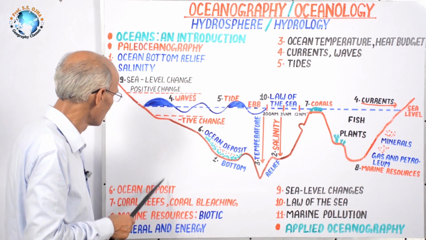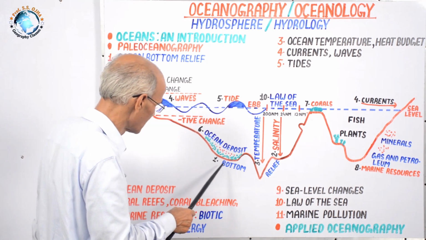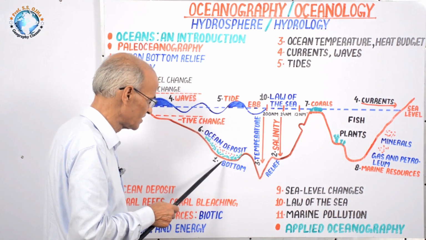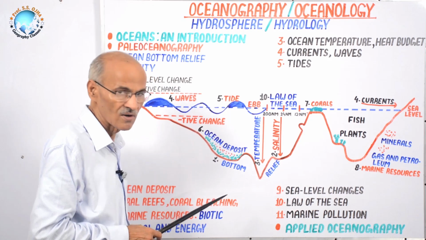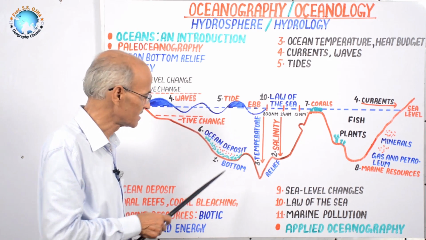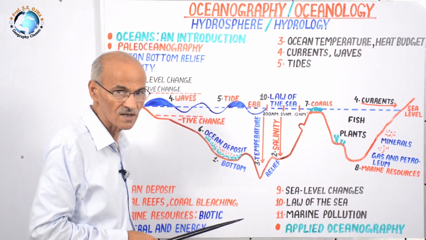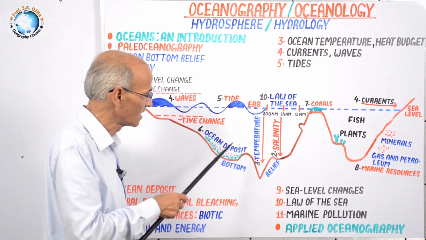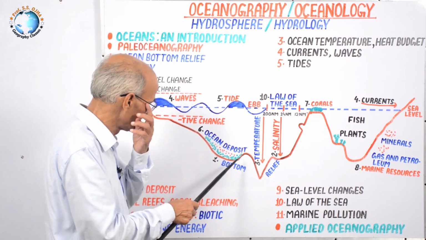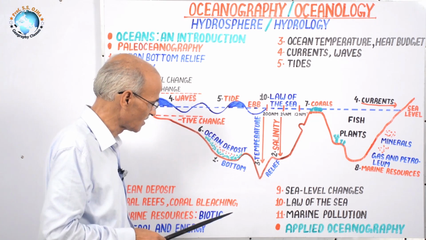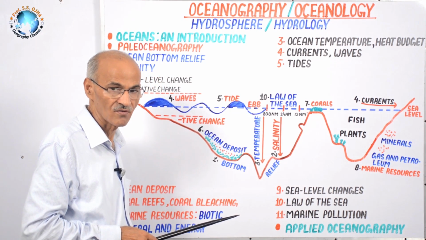Now come to topic number 6, ocean deposits. When you were traveling from the ocean bottom, you experience that there is mud and deposition of a number of biotic and abiotic sediments, because phyto and zooplanktons are found abundantly in the ocean, and after their death they are deposited on the ocean bottom, and about a 500 meter thick layer is found.